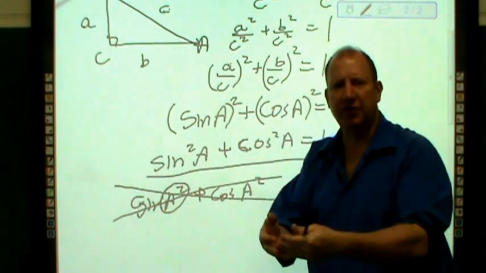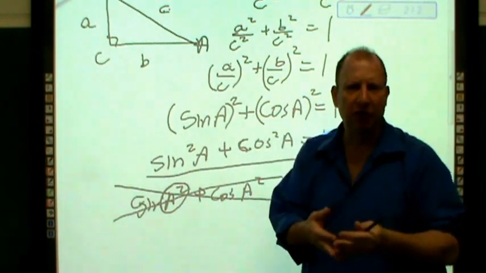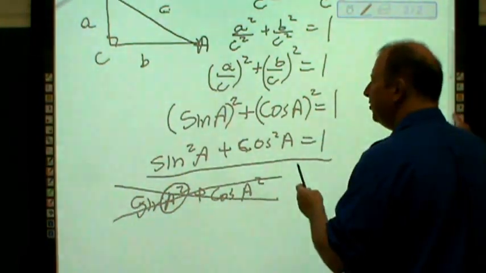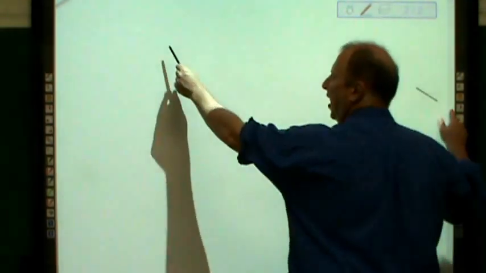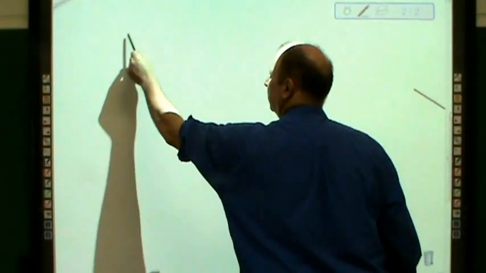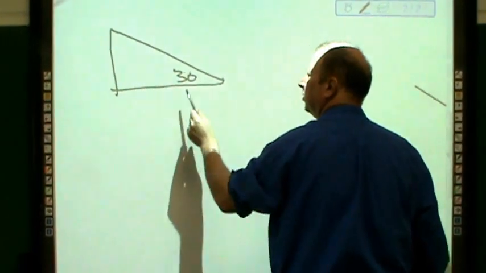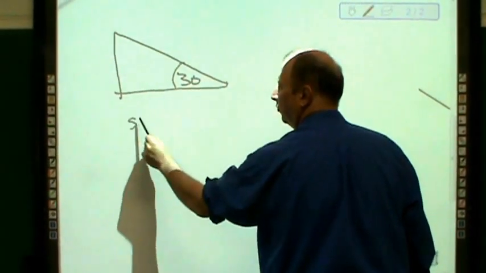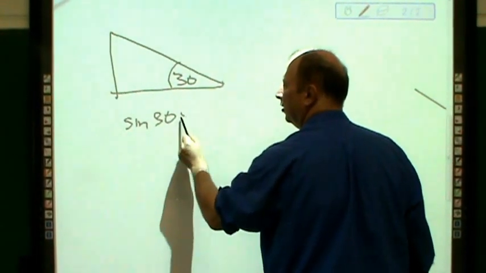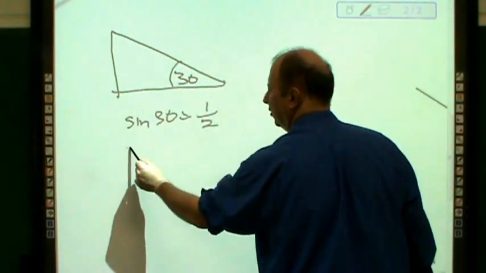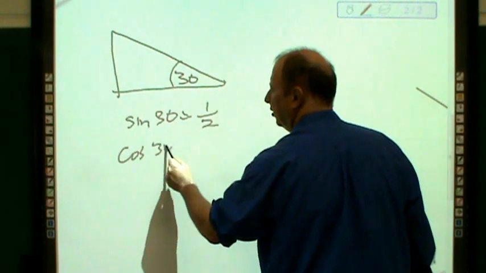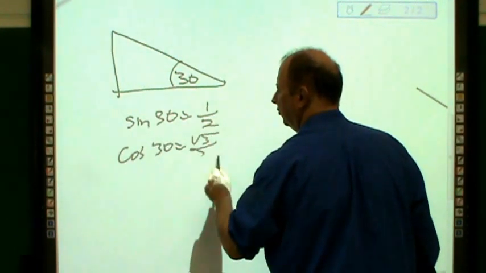Let's just prove it by using a simple example that we all know. Let's pretend that A happens to be 30 degrees. We know sine of 30 is half, and cosine of 30 equals square root of 3 over 2.